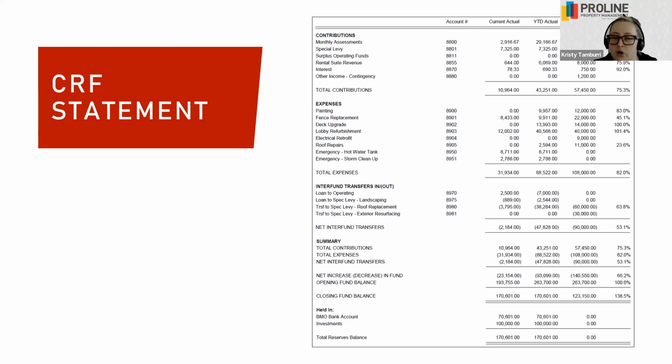If your strata corporation has chosen to invest funds, you'll also see at the bottom of this statement an explanation of a portion of monies held in the BMO bank account in cash, and then what the investments are. And that leads me to our next slide.